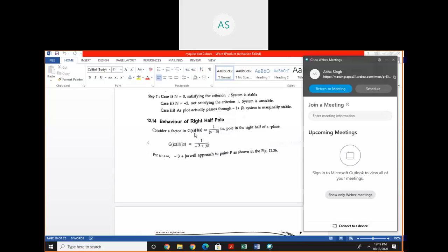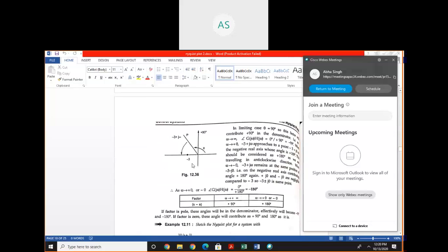Means if we put s equal to j omega, we get G(j omega)H(j omega) equal to 1 by minus 1 plus j omega. When omega approaches infinity, this is the point minus 1 plus j omega.